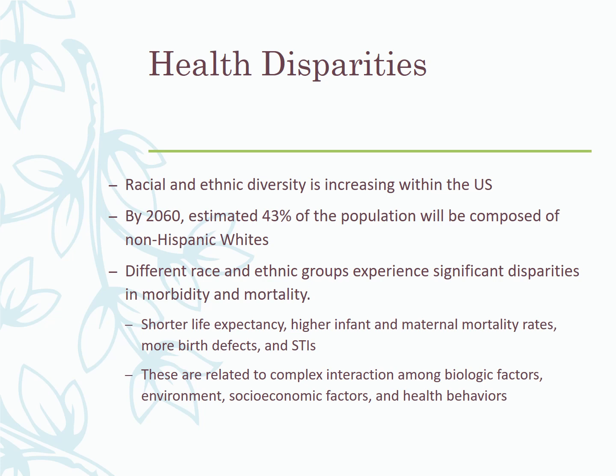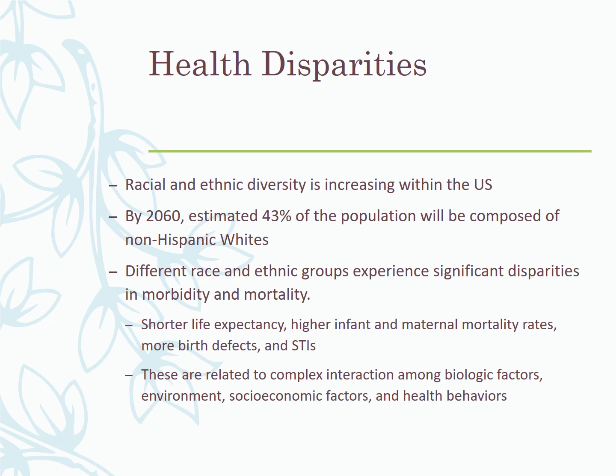There is so much racial and ethnic diversity that's increasing in the U.S. By 2060, there's an estimated 43% of the population that will be composed of non-Hispanic whites. Different race and ethnic groups experience significant disparities in morbidity and mortality, and that's why it's important for us to know that.